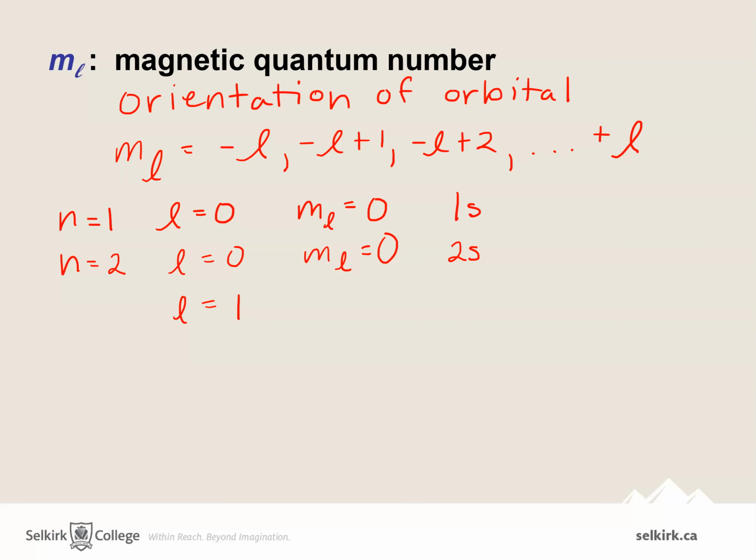But here's something new. For the 2p, L is 1. So ml can be anything from negative L to positive L. And that generated 3 labels. Aha! How many orbitals in a set of p's? 3 of them.